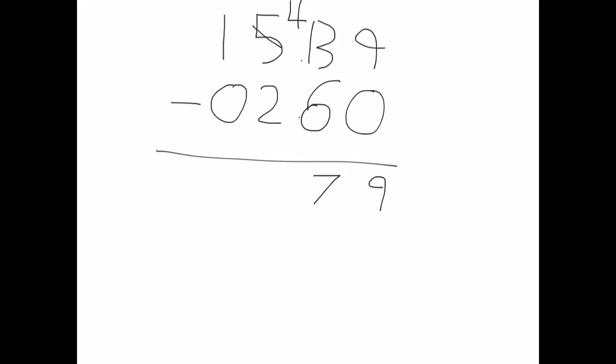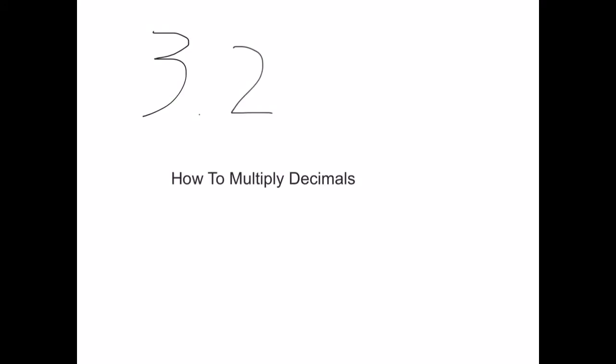Then 4 minus 2 equals 2. Then 1 minus 0 is 1. So then again I'll carry down my decimal, making my answer 12.79.